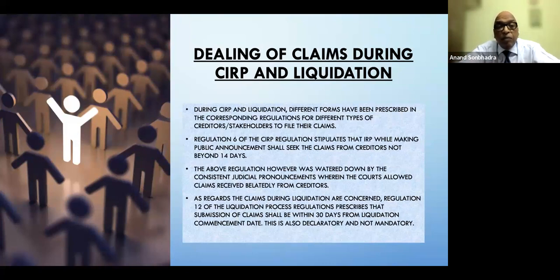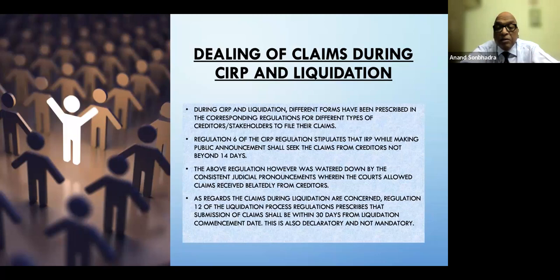Even though Regulation 6 of CIRP says that the IRP, while making public announcement, shall seek the claims from creditors not beyond 14 days, that's the regulation, and that regulation has been watered down, rough-ridden over by consistent judicial pronouncements wherein the courts have allowed belated claims from creditors.